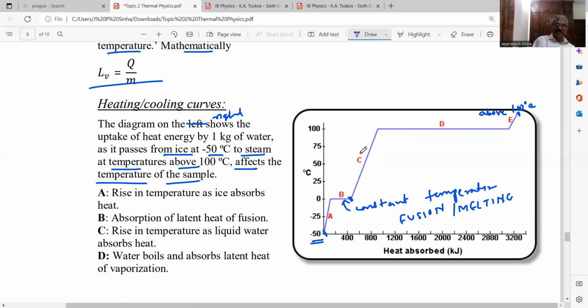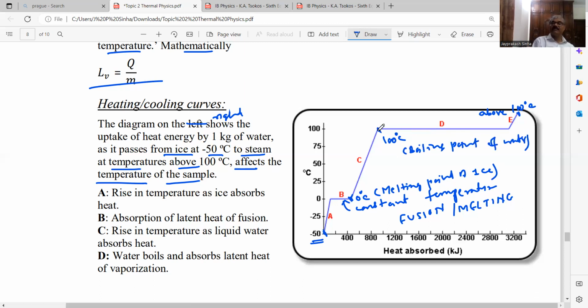In this C part, the temperature of the water increases from 0 degrees Celsius to 100 degrees Celsius, and the water remains in the liquid state. 0 degrees Celsius is the melting point of ice, the same as the freezing point of water. At 100 degrees Celsius, this is the boiling point of water.